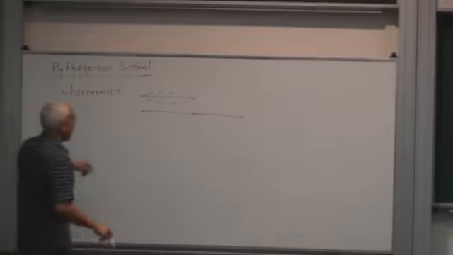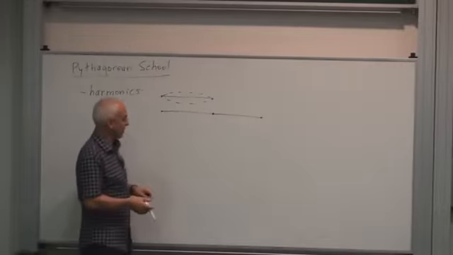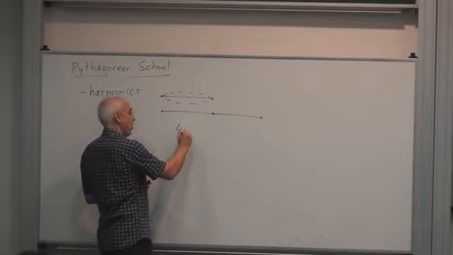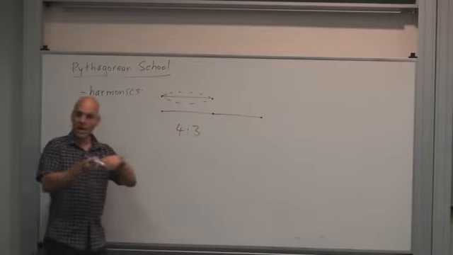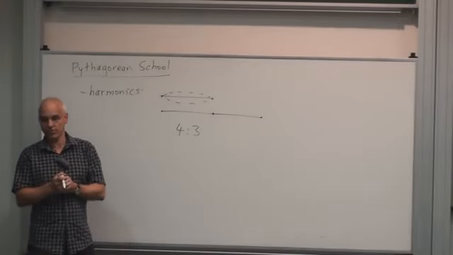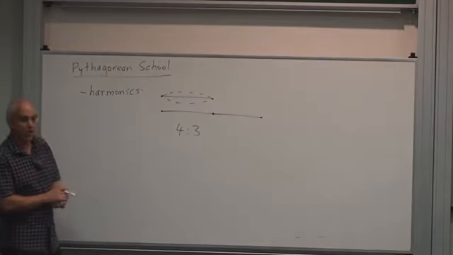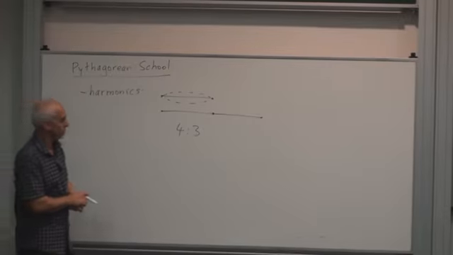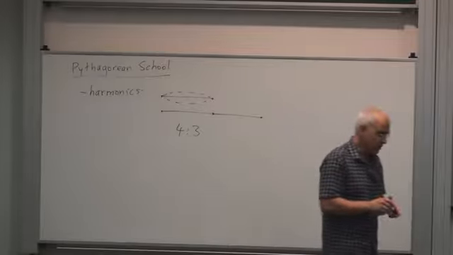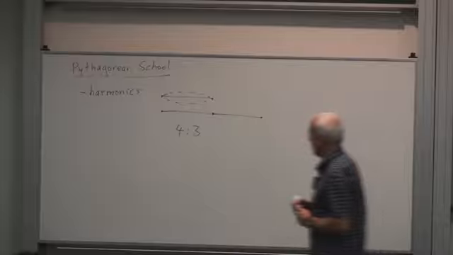They also discovered that a perfect fifth was given by another proportion. I can't remember offhand what it was. A perfect fourth is another proportion. Proportions between whole numbers had direct connection with musical notes. So they had a kind of theory of music based on the ratios of whole numbers. And they had this idea that number could be used to describe almost everything in the natural world. Okay?